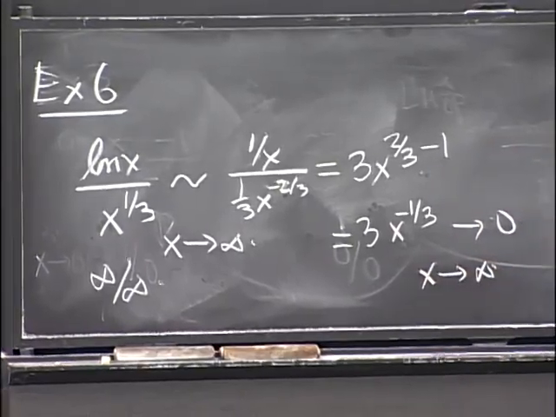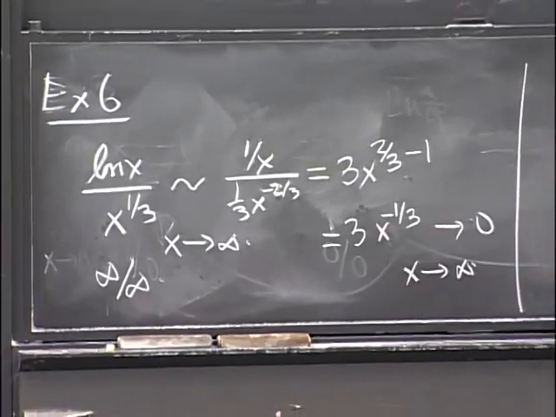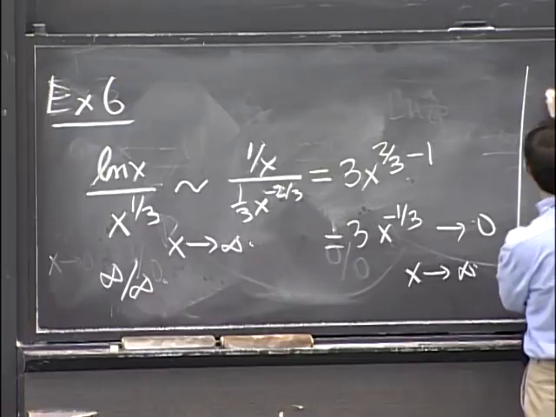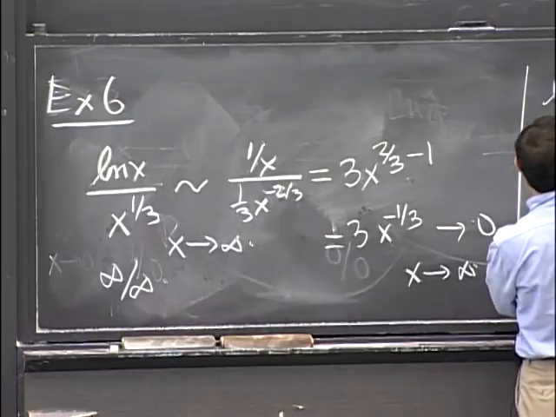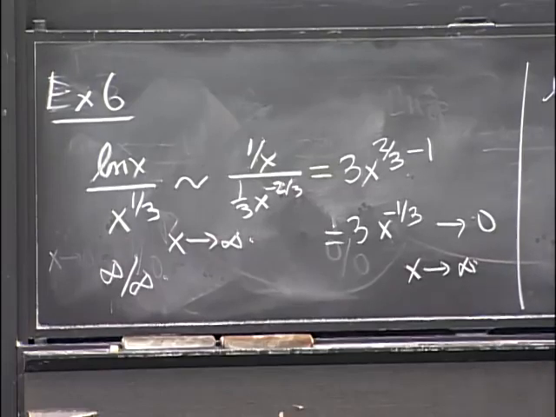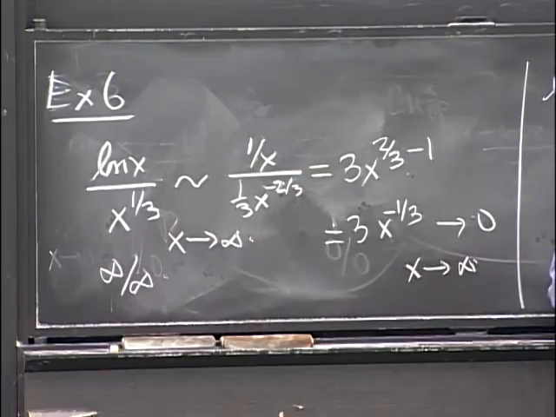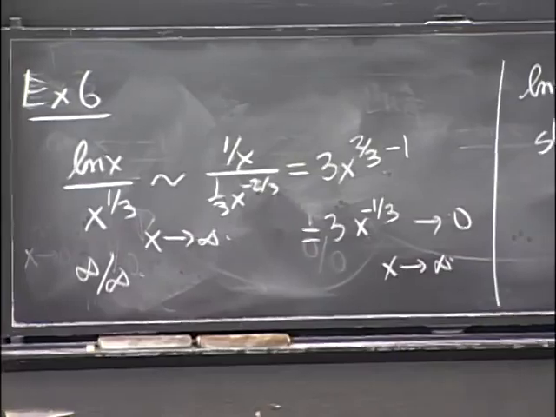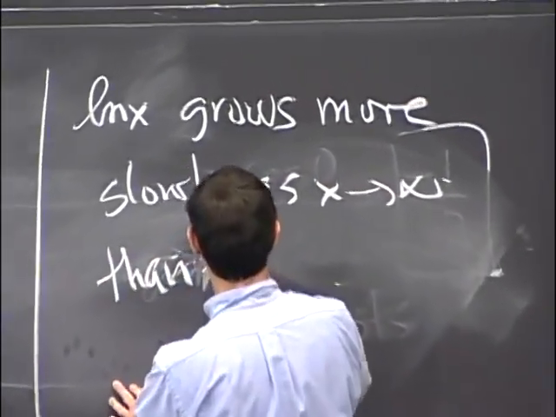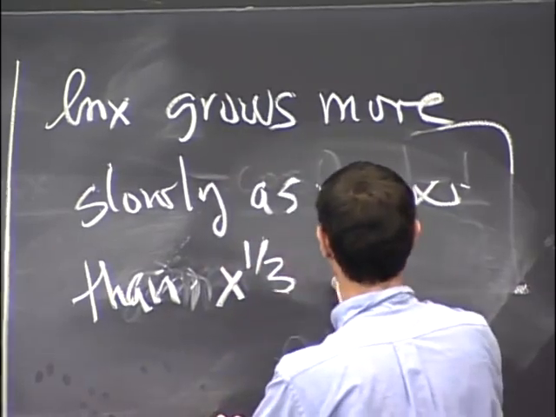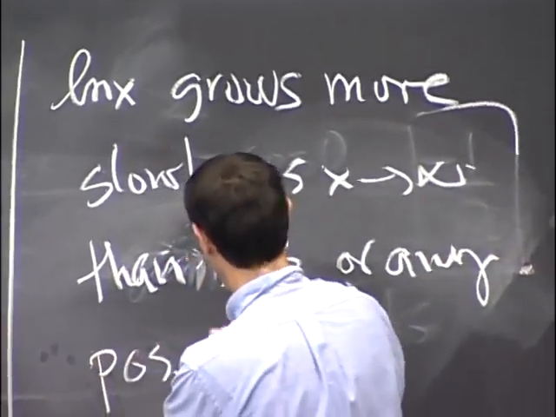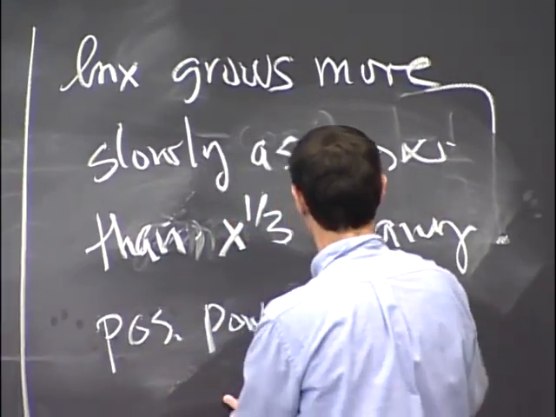All right? And so the conclusion is that log x grows more slowly as x goes to infinity than x to the 1/3 or any positive power of x.